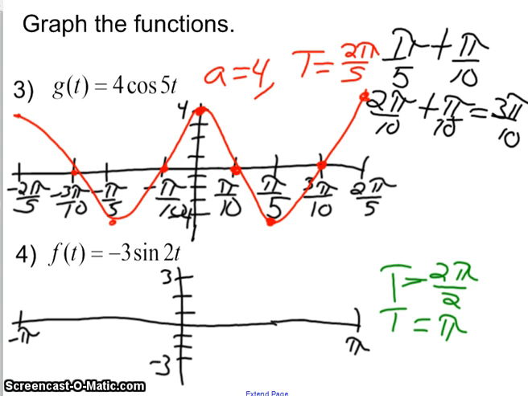What's half of pi? Pi over 2. What's half of pi over 2? Pi over 4. What's halfway between pi over 2 and pi? 3 pi over 4.